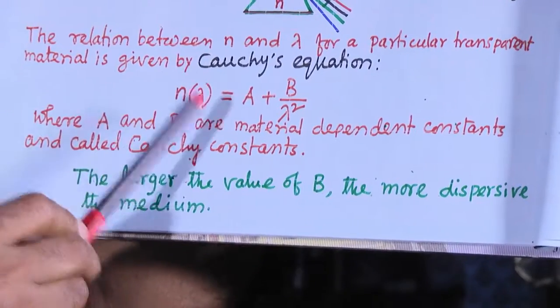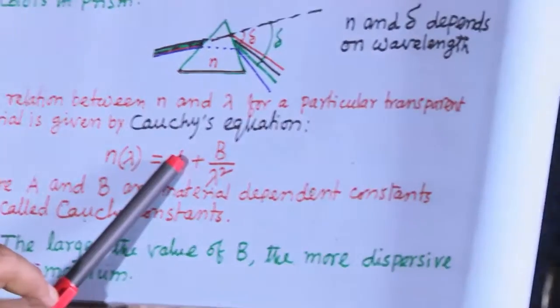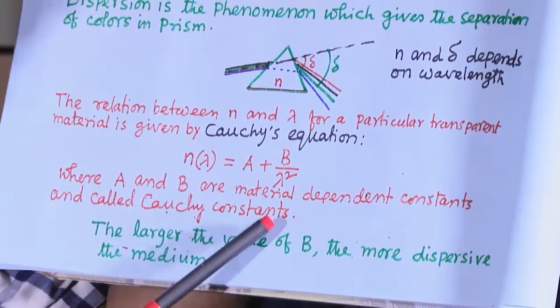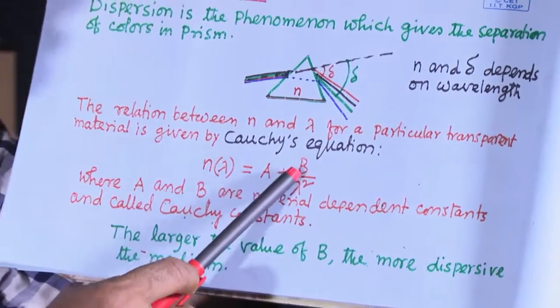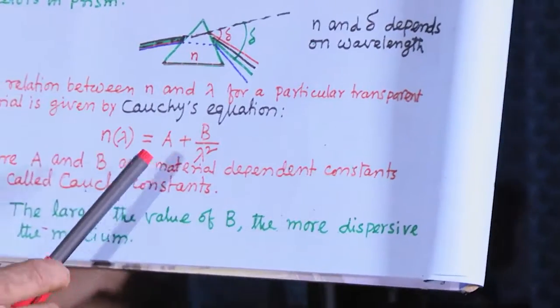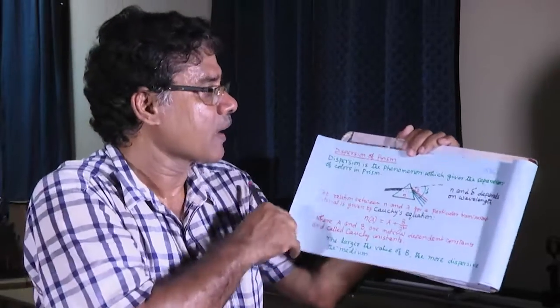That is why from experiment we try to find out the Cauchy's constant, because if you find the material which has a higher B value, then the dispersive power of that medium will be higher.